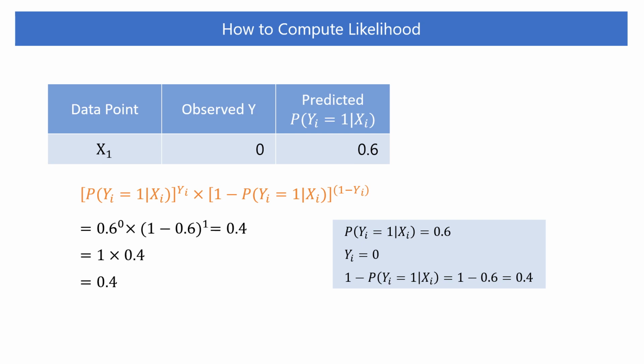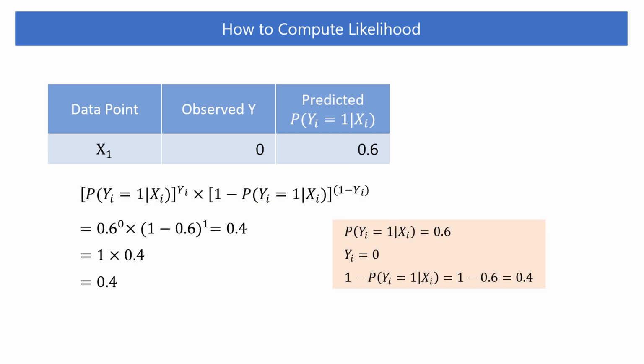As we saw earlier, we can compute the likelihood by this formula. In the probability part of the first term, we assign the probability that y is 1 as predicted by the model. In the exponent part, yi is assigned the value 0, which is the observed value of the label.